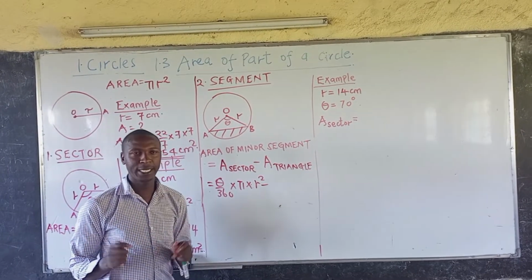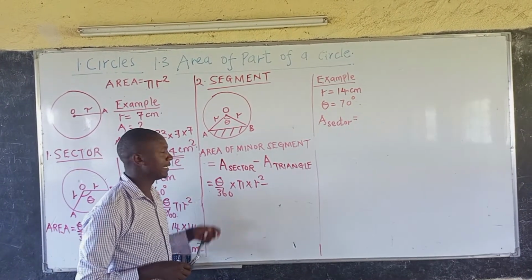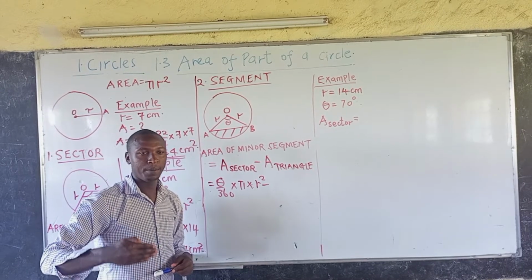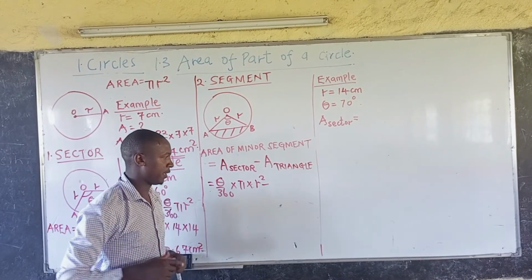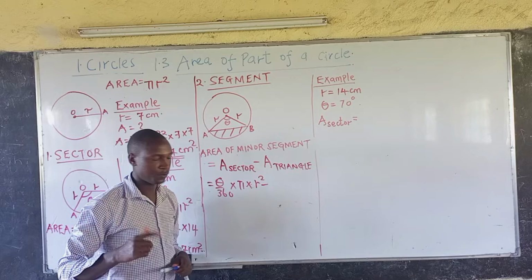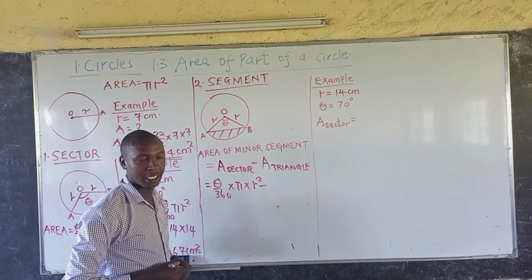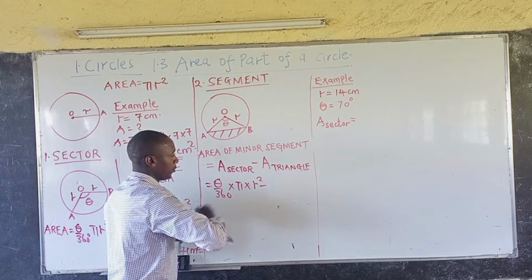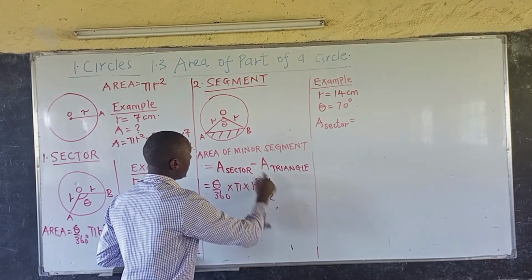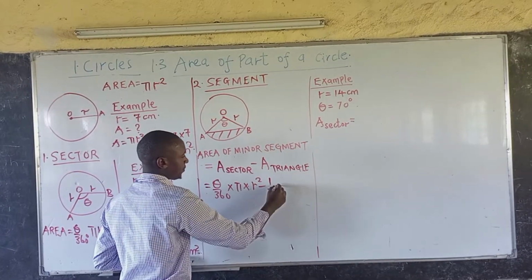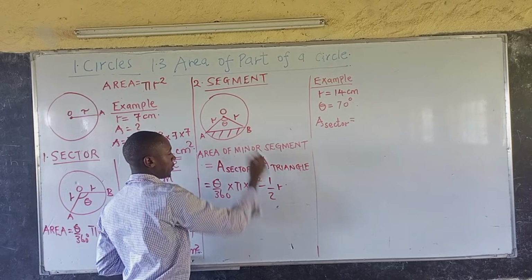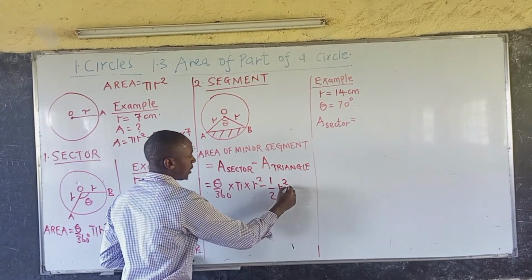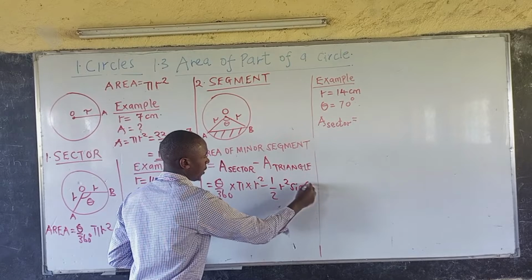We have so many formulae for calculating the area of a triangle, and in our preceding videos we are going to do more about the areas of a triangle, so follow our videos for more about the area of a triangle. But in this case, we can use the formula half multiplied by the first radius, again multiplied by the second radius, and we are going to have radius squared multiplied by the sine of theta.